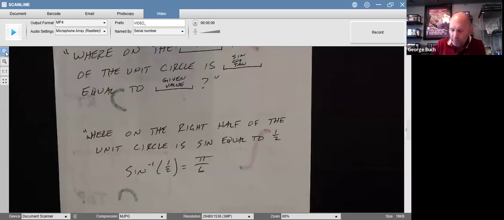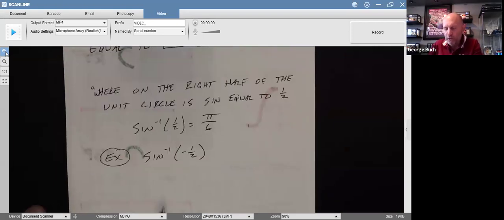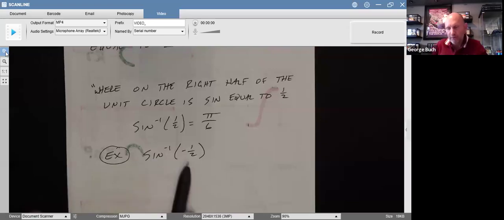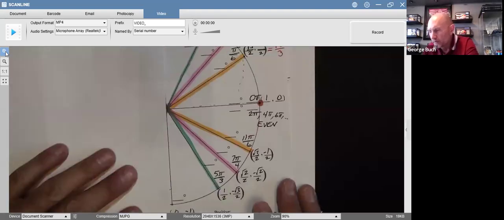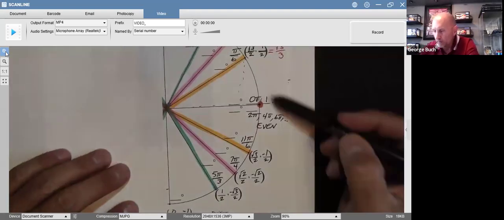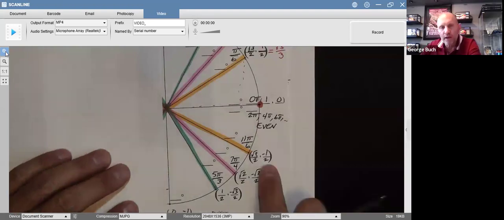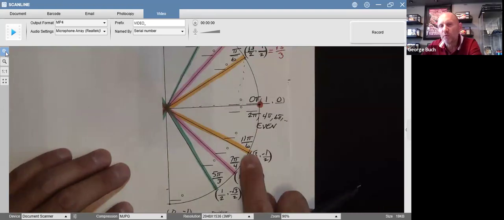But what if I have something like sine inverse of negative 1/2? We're still going to use the same question: where on the right half of the circle is sine equal to negative half? I look at this and it's right here. So sine is equal to negative half at 11 pi over 6. But what's the problem with saying the answer is 11 pi over 6?